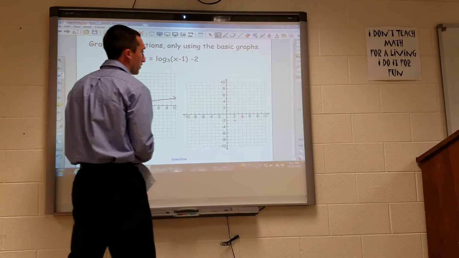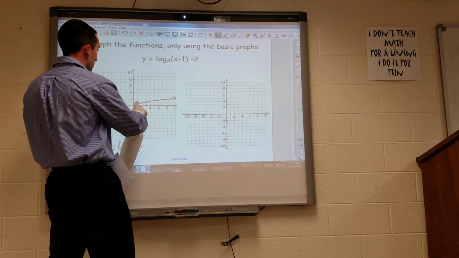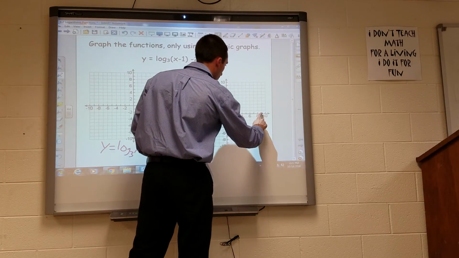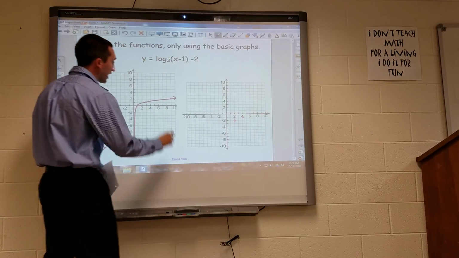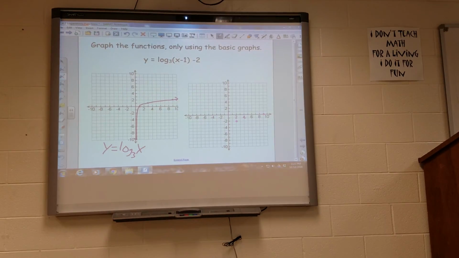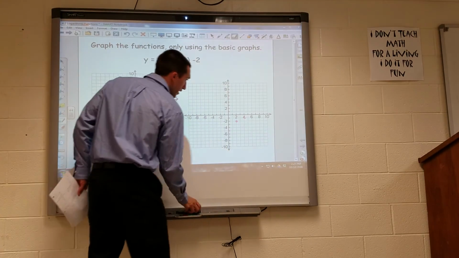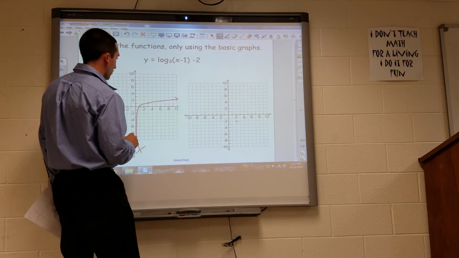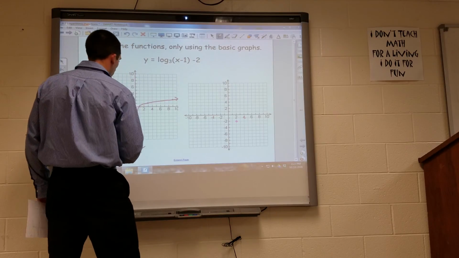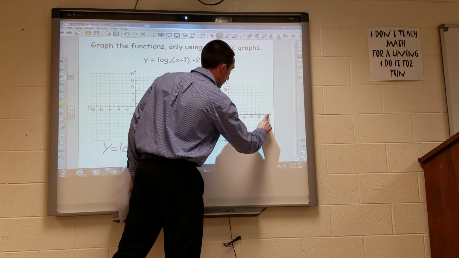And then again, same thing here, up 2 over 8. We've just taken these points and shifted them. Actually, I realized it was shifted down 2 and right 1. This one should be shifted down 2, right 1 as well. So this one should be over here.